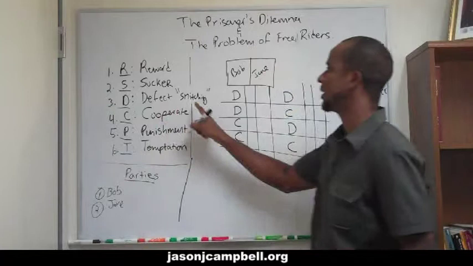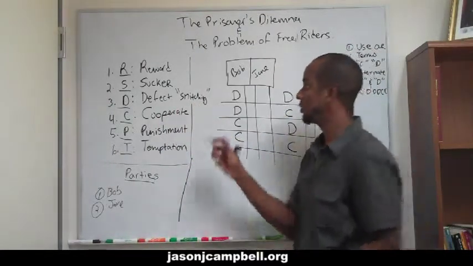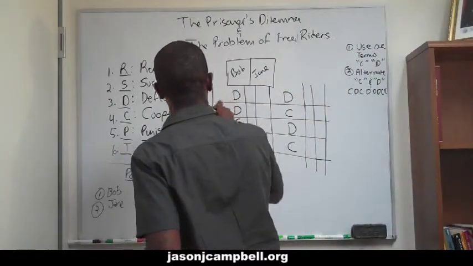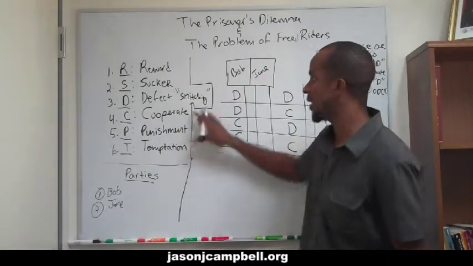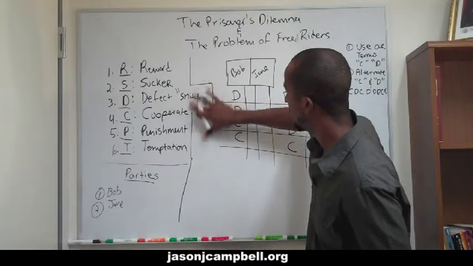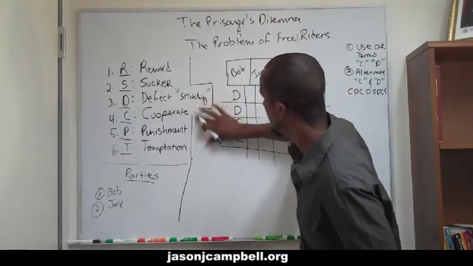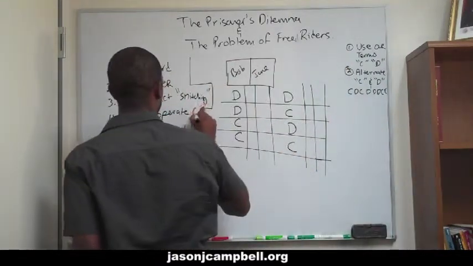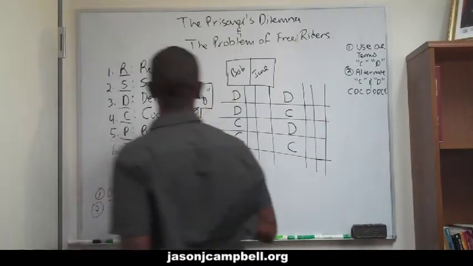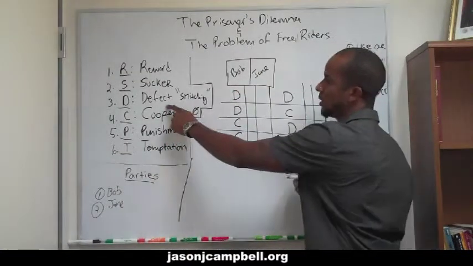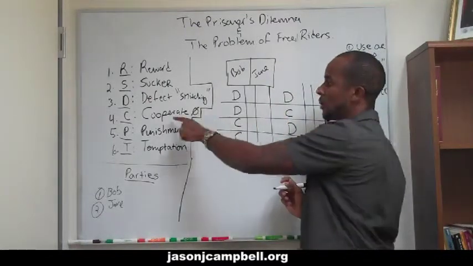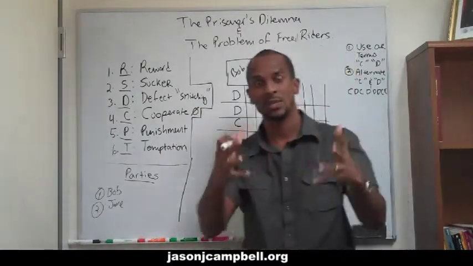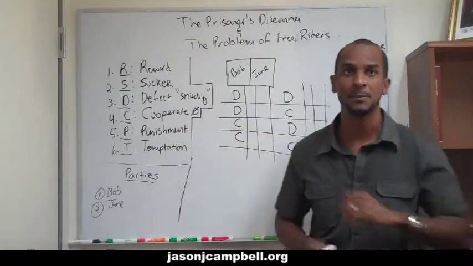You can think of defecting as effectively snitching. And if the person cooperates, the person remains silent. The person doesn't say anything. So you can think of the person who remains silent as not having any value at all. They don't say anything. So if the person defects, the person snitches on the other person. If the person cooperates, the person doesn't say anything when asked a question. The person remains silent.